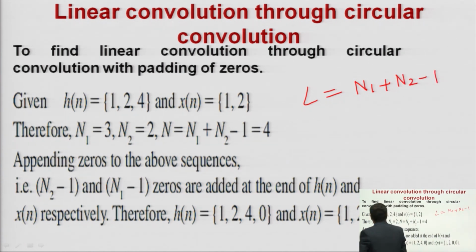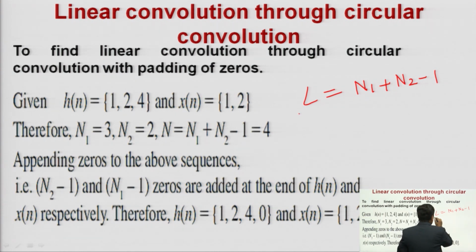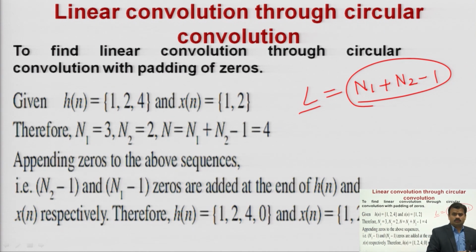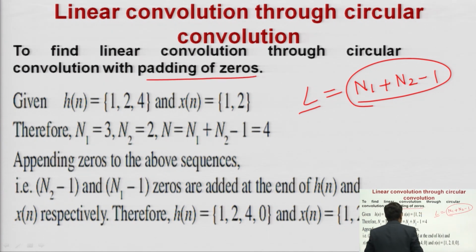Like in this question, to find the linear convolution through circular convolution with padding of zeros, you have to keep your length at least as per this equation. So, you have to add some elements here. If you add zeros, there will be no effect on the output. That is called padding of zeros.